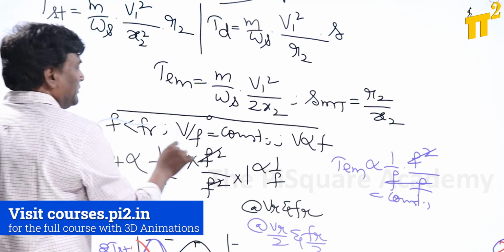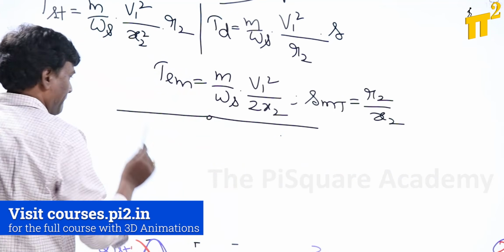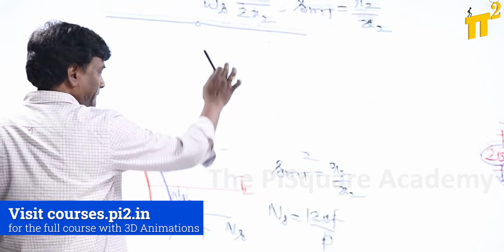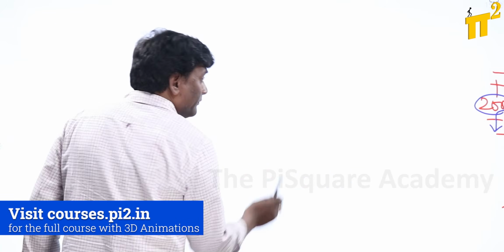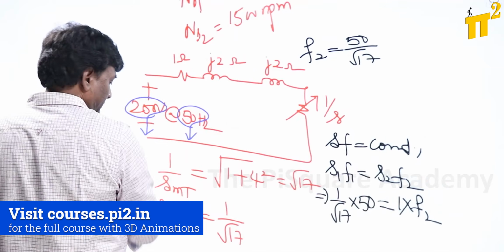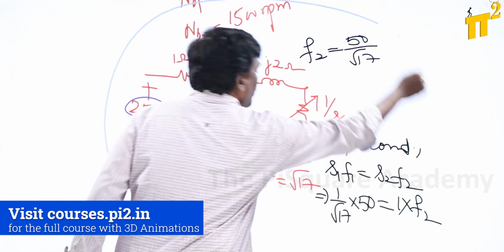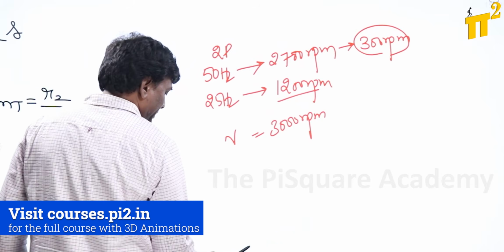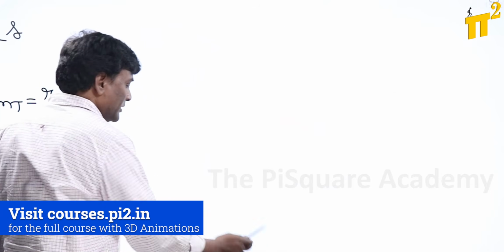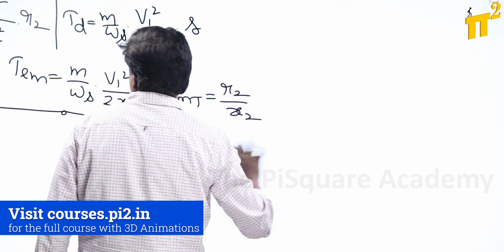Now when the V by F ratio cannot be maintained, or when operating frequencies are more than rated frequencies, because we already discussed, right?